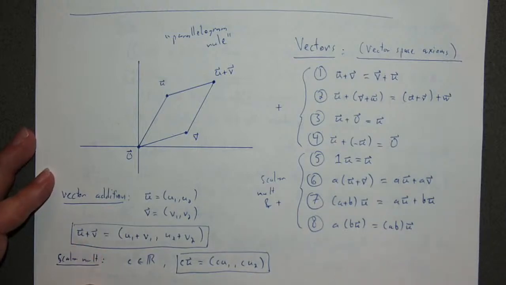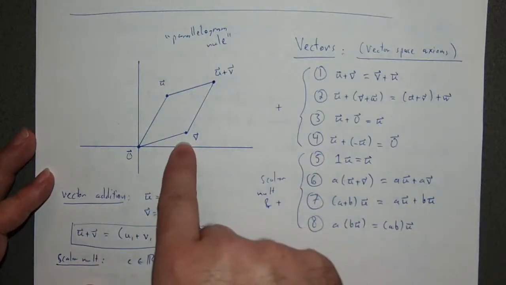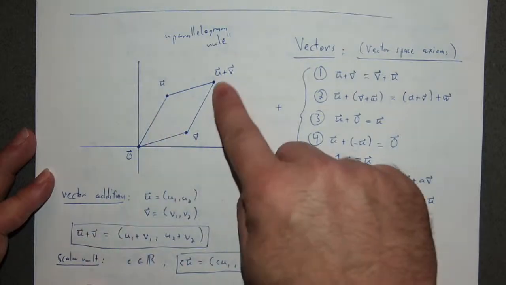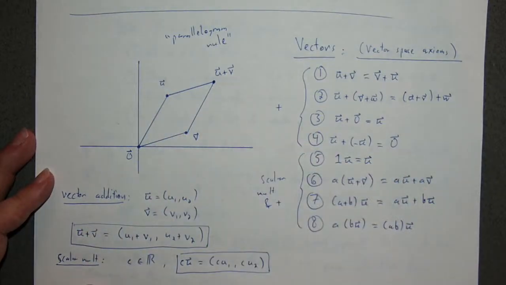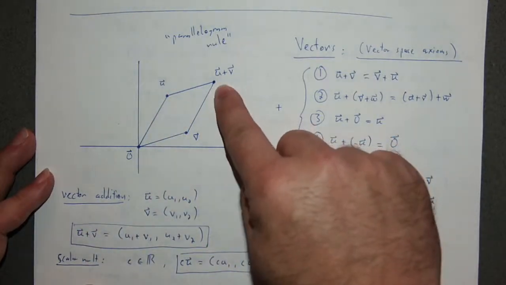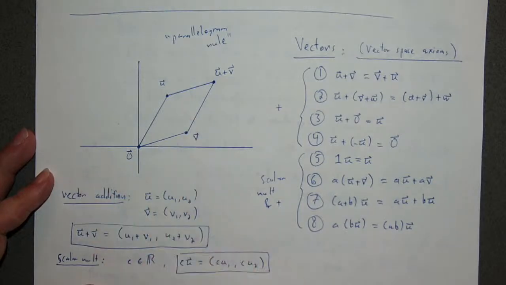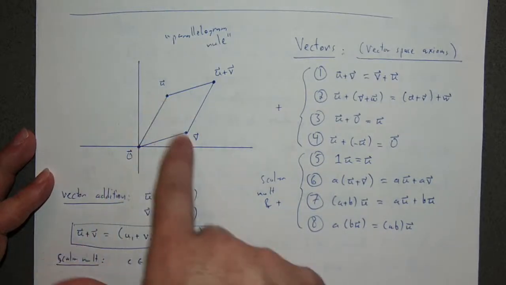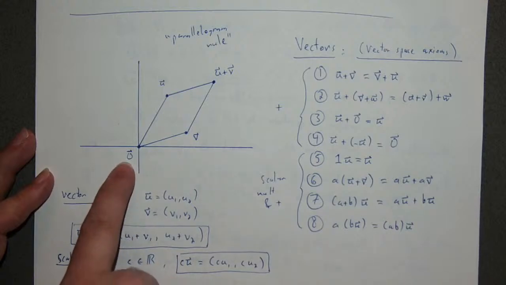So geometrically, why we might be interested in that is, of course, the parallelogram rule for vector sum, which is: if I have two vectors, u and v, represented by these two points in the plane, the vector sum u plus v is the fourth vertex in the parallelogram that has the other three vertices 0, u, and v. This 0 is the origin, of course.